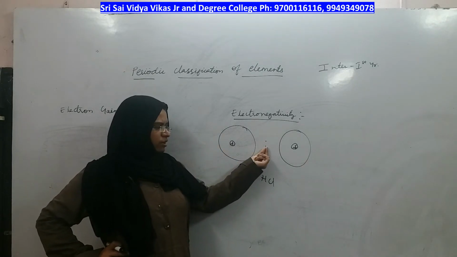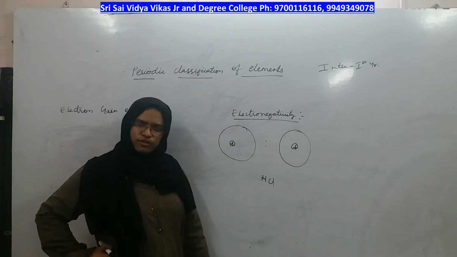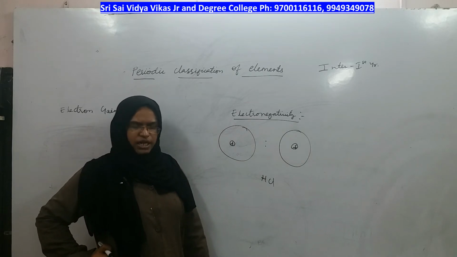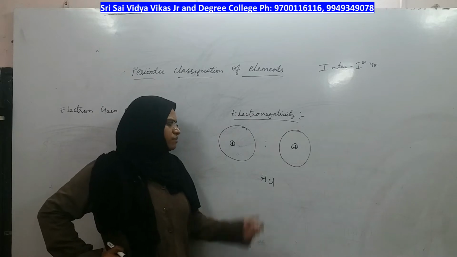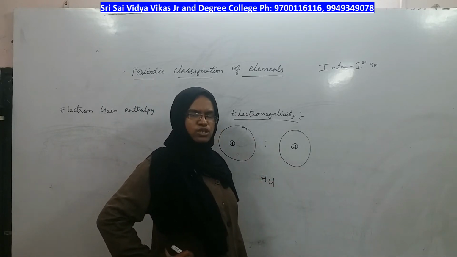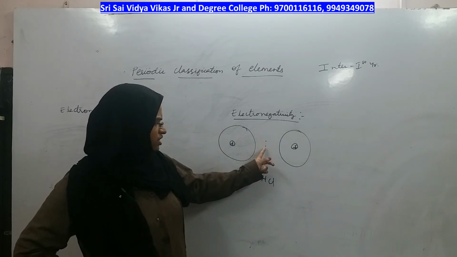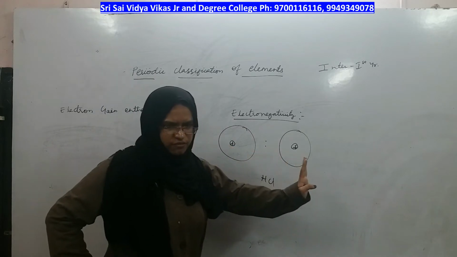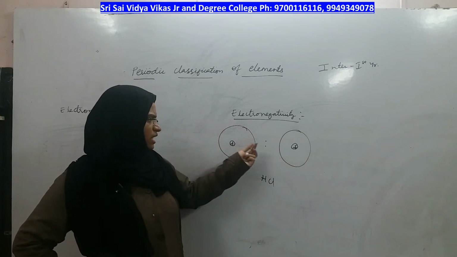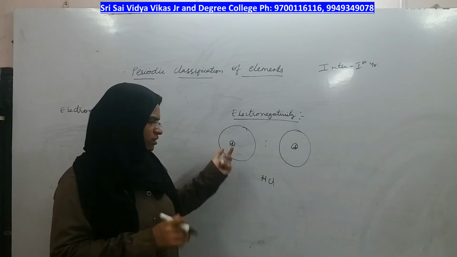But because chlorine has more power to attract the shared electron pair towards itself, the electron pair moves towards chlorine and away from hydrogen.